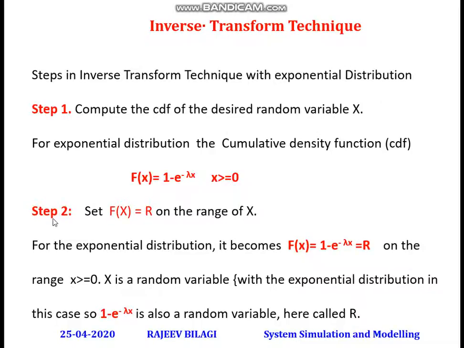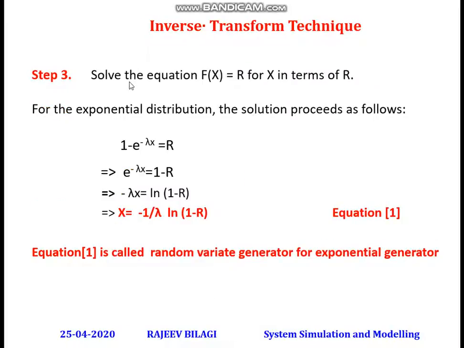Now, the procedure is that in step 2, set F of x equal to R. Now when you set F of x equal to R, then we can replace this F of x, that is 1 minus e to the power of minus lambda x equal to R. Now we solve the equation F of x equal to R for x in terms of R.